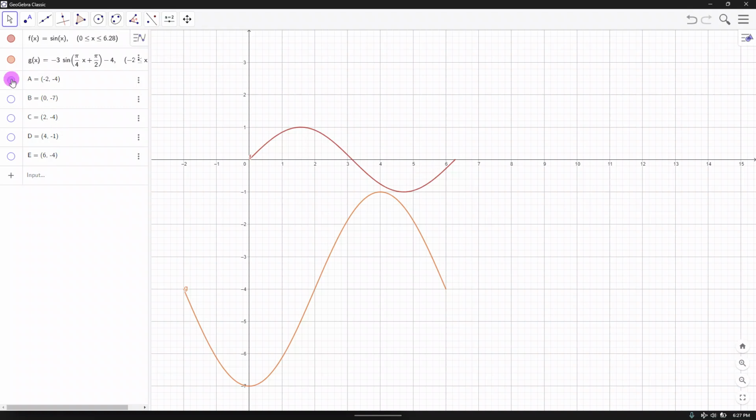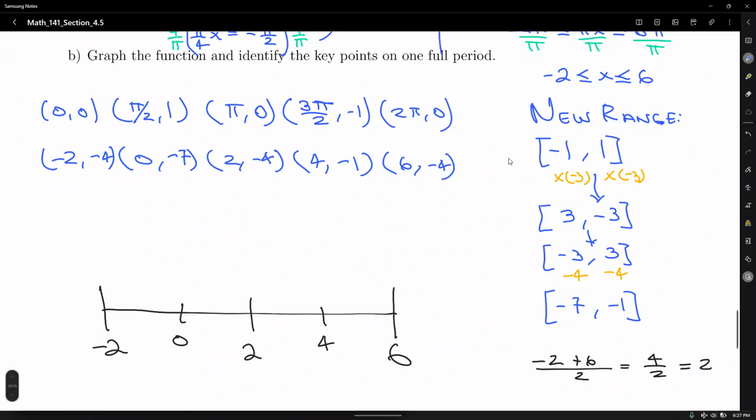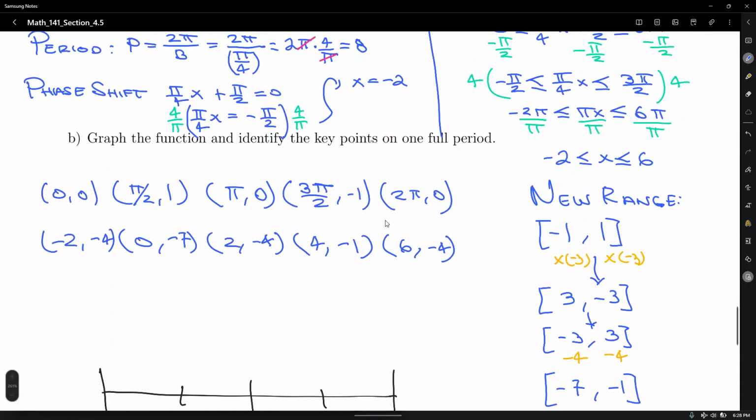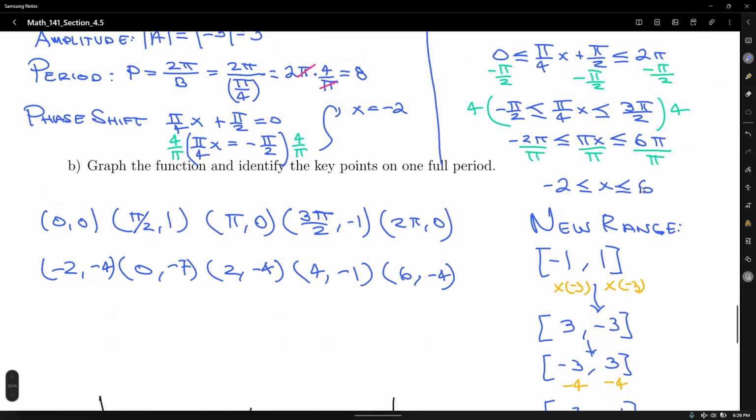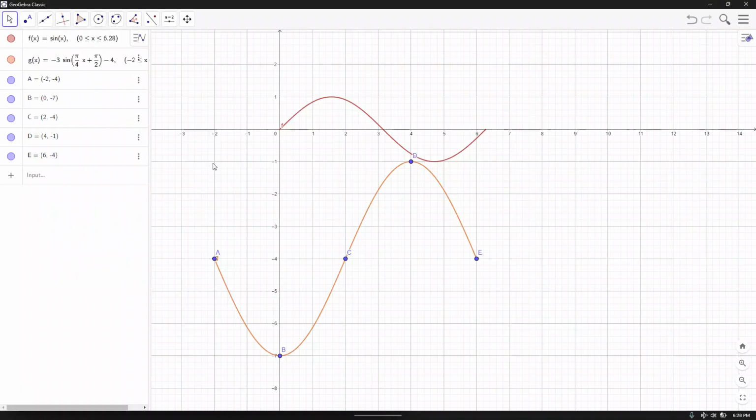So that is negative 2, negative 4; 0, negative 7; 2, negative 4; 4, negative 1; and 6, negative 4. Those are the 5 key points we calculated by hand in the notes. And that's the interval for one period, negative 2 to positive 6. See how it goes between negative 2 and 6.